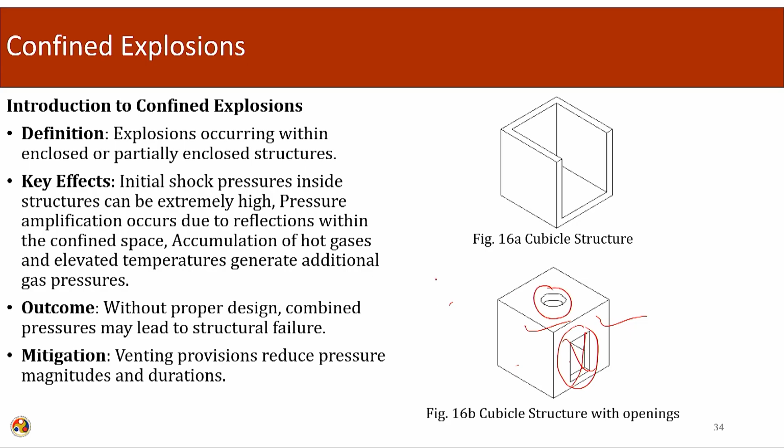Let us say this is being designed for a CBRN structure, a structure that has to resist chemical, biological, radiological and nuclear threats. We cannot have large vents there. Then the design of this structure to resist the blast loading has to be done in a proper way. The accumulation of the pressure has to be accounted for properly.